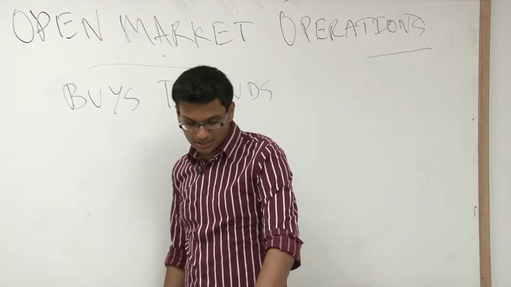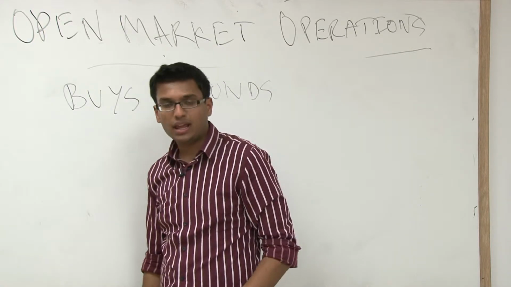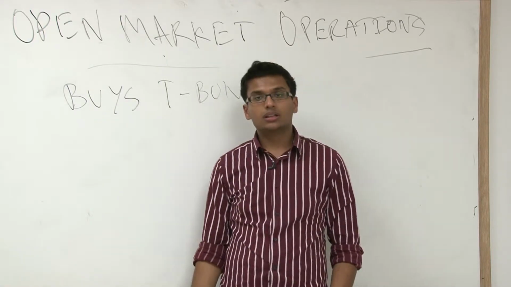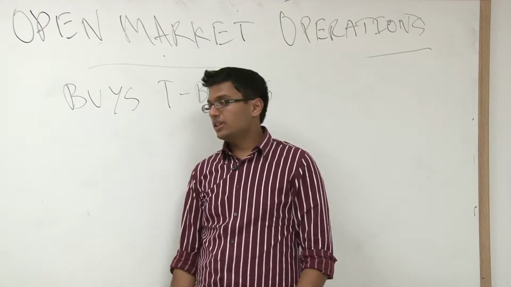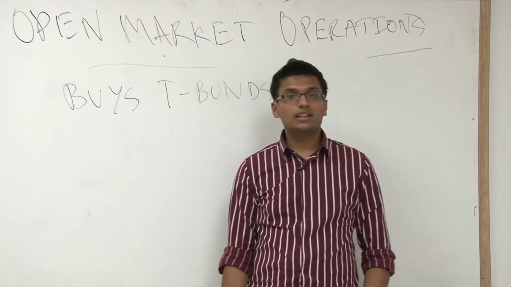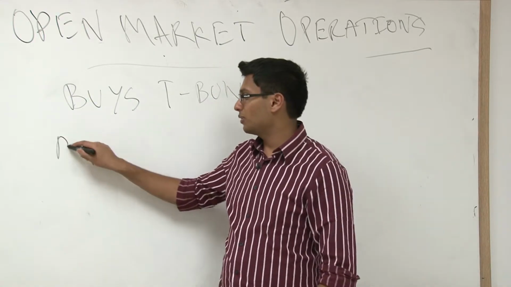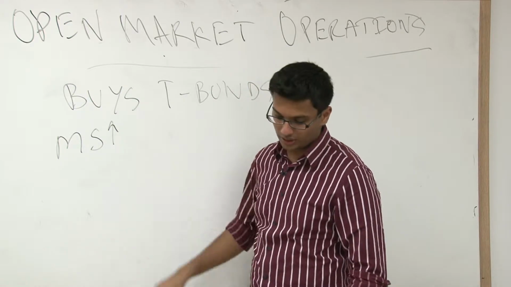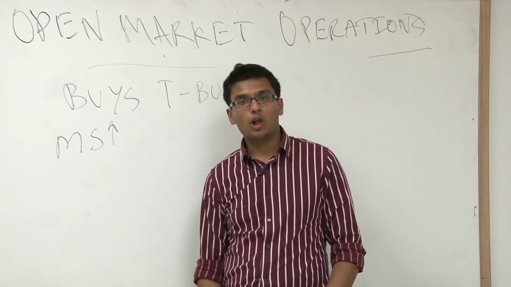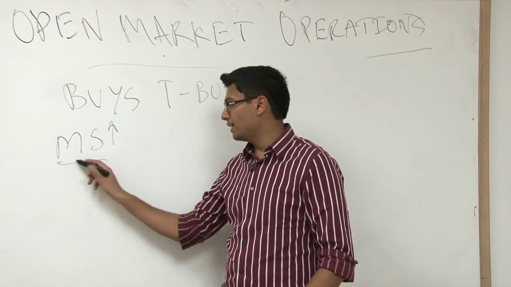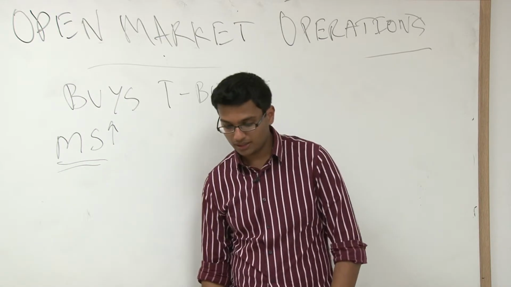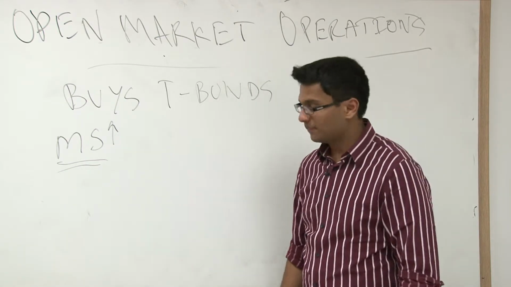Well, what happens is in a recession, the federal government needs to increase the money supply. They need to help expand how much money there is in the money market. How they do that is by buying bonds.